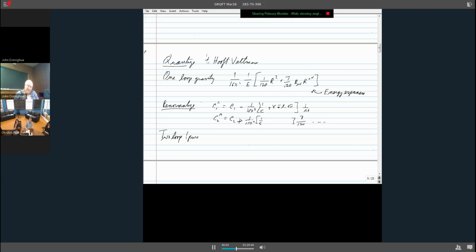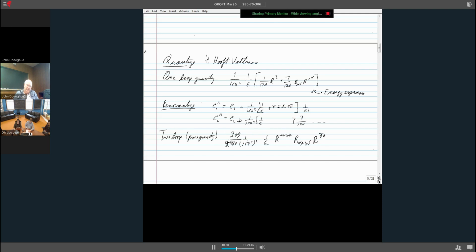The only thing I guess I need to point out is we're starting to see this energy expansion here also. It's even more obvious if I show the two-loop result.